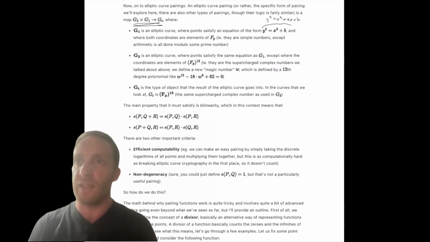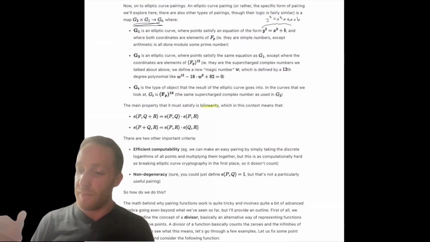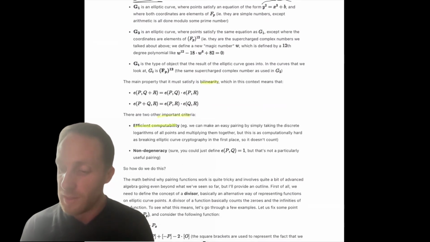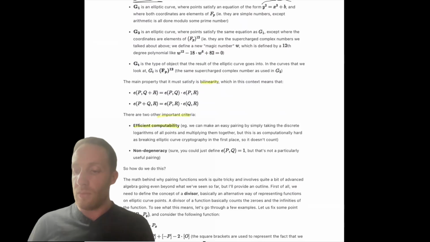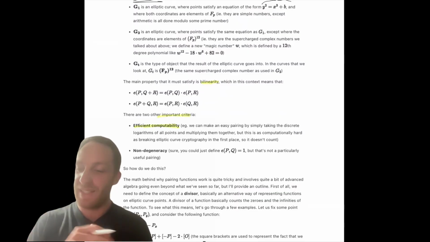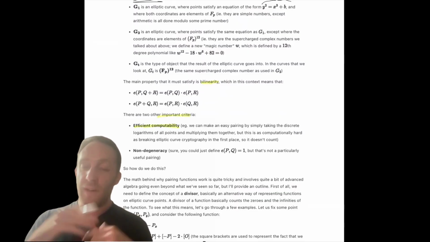Okay, so here he's again just saying that bilinearity is the most important property of the pairing. The other two that are very important is efficient computability. I guess that's one place where the leaky abstraction is important, is that it's very nice to have this pairing.